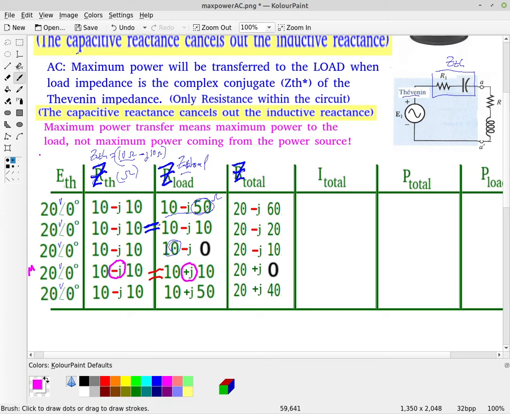So we're going to get maximum power to the load here when these two are the same magnitude, right?